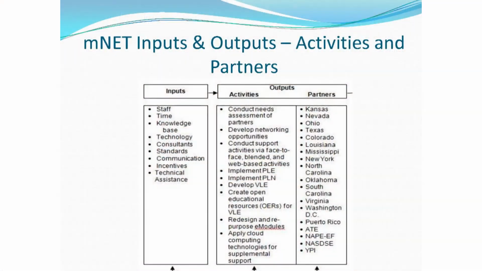So we started with inputs, and we looked at what are the inputs that are required for our project, and I know you can all read. So if you look down that line, those are the basic ones that I would pretty much expect all of you to be thinking about when you're looking at inputs for your projects. There might be some variations and some additionals, but for the most part, it's the staff. And for us, one of our critical staff needs were what we call SMEs, not to be confused with Smurfs, but SMEs are subject matter experts.